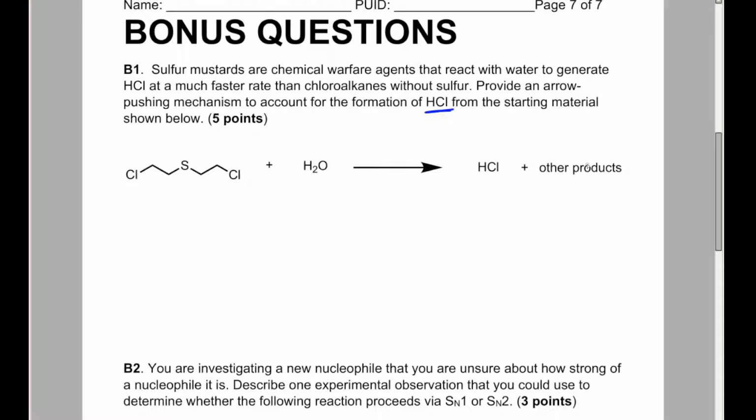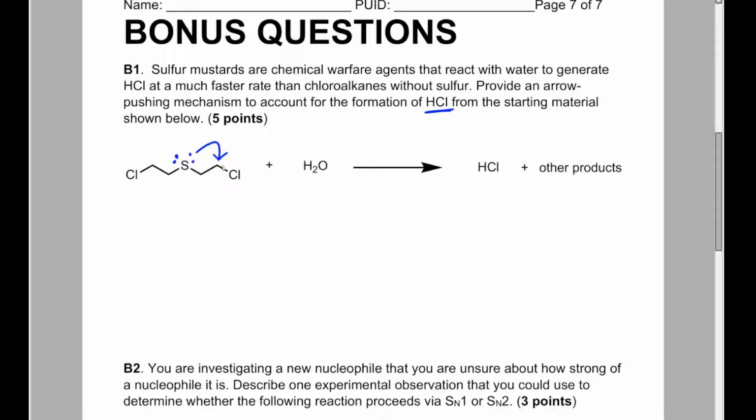So in this case, this is going to be an internal SN2 mechanism because remember that sulfur is a very electronegative atom. So it's going to attack this carbon that's bonded to one of the chlorines. And it actually doesn't matter whether you choose this left carbon or this right carbon because it's a symmetrical molecule and there's no preference for it.